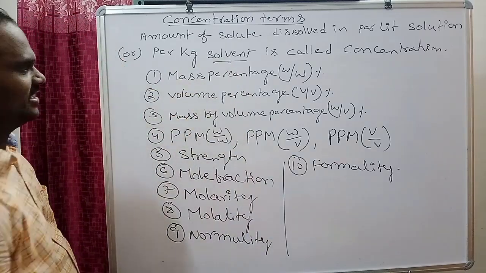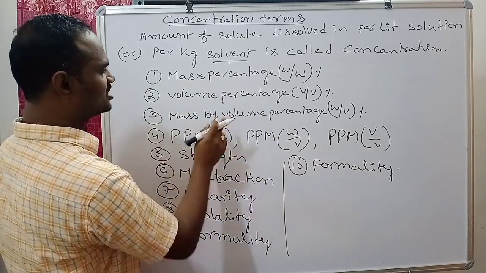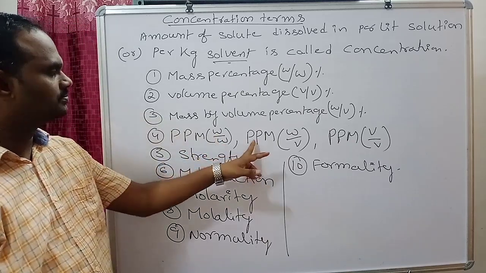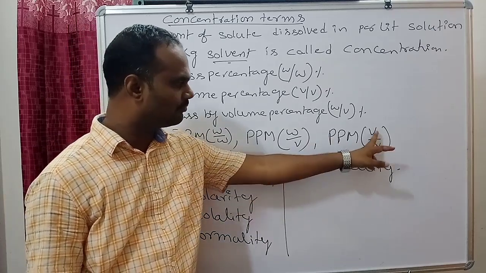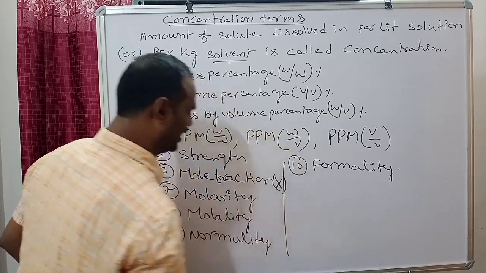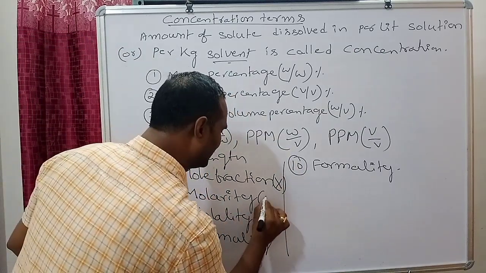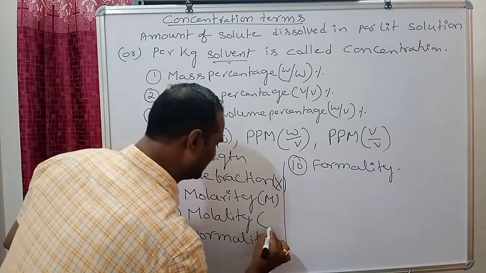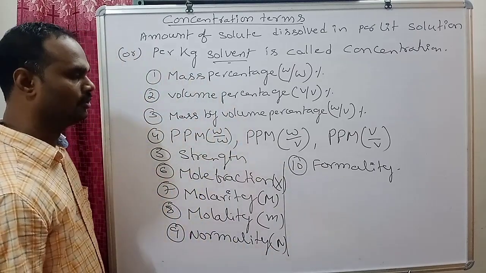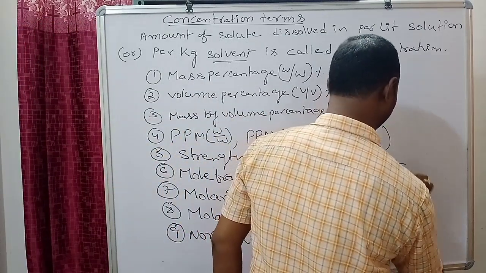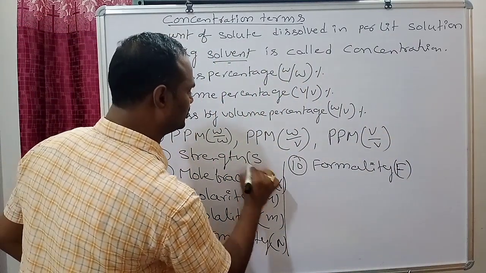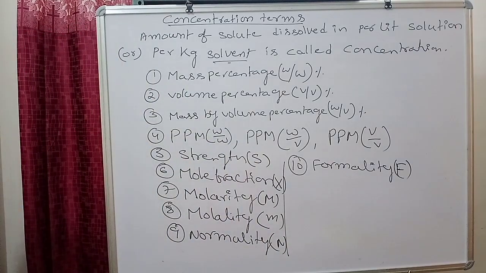Here: mass percentage, volume percentage, mass by volume percentage, ppm (weight by weight, weight by volume, volume by volume), strength, mole fraction denoted with X or chi symbol, molarity capital M, molality small m, normality capital N, formality generally denoted with F. The strength of a solution we can show with S symbol.